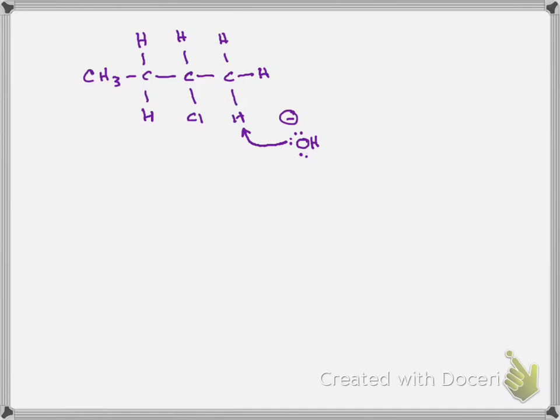This hydrogen over here turns out to be slightly acidic because it can be pulled off by the base, and when it does that, it's going to do this. So this all happens in one step. This is an elimination reaction, and when you do that, you're going to get this.